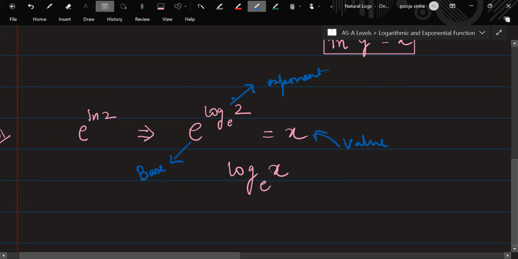So forget that, forget what the exponent is. How do we take it usually? We take the exponent down, just before the log.